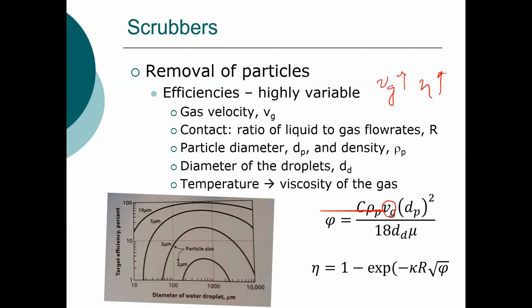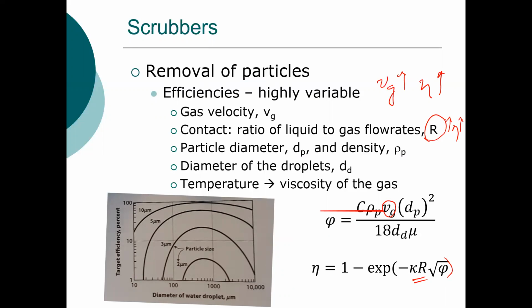In order to get good removal, we need to have sufficient contact between the gas and the liquid particles. This ratio of the liquid to gas flow rates is referred to as R, and as you can see in this equation, as R increases, so does the efficiency.